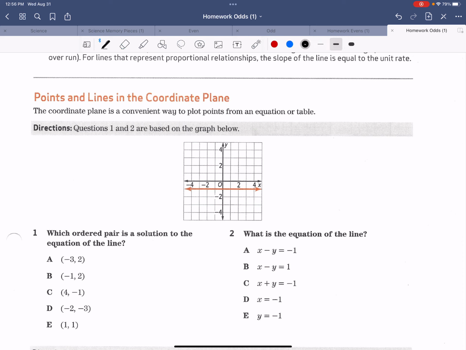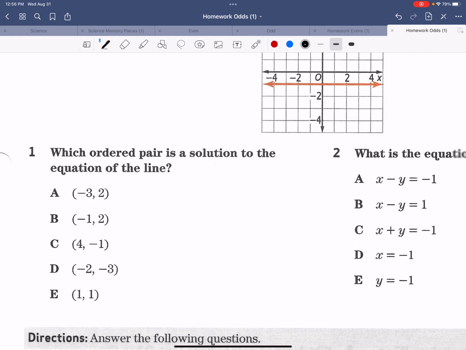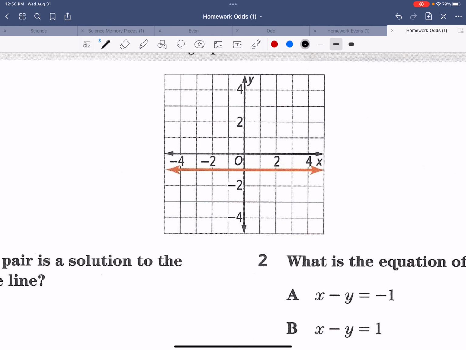The first question says, which ordered pair is a solution to the equation of the line? So I'm going to graph these points on the graph up there, and we'll see which one is a solution. The first thing I want to do is figure out the scale of this graph.